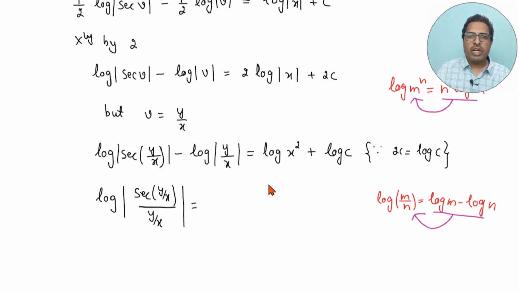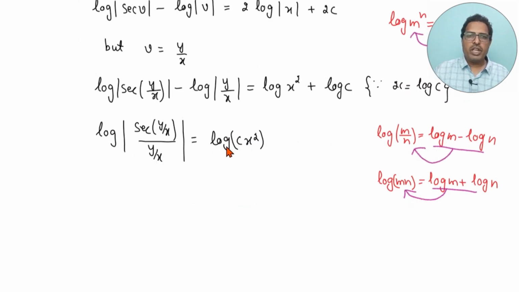We have another formula log m into n, which is nothing but log m plus log n. So this given expression is in the form of log m plus log n, which can be written as log m into n. So therefore you can write as log x square into c or c into x square.